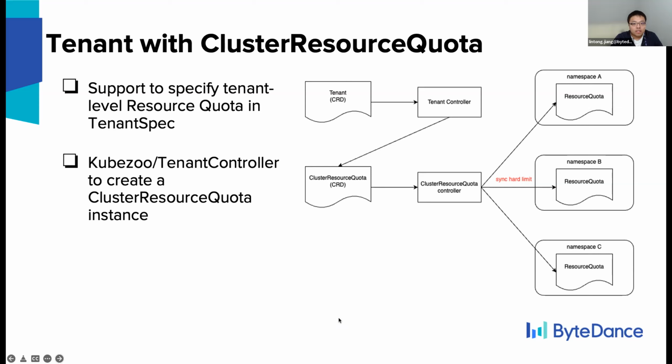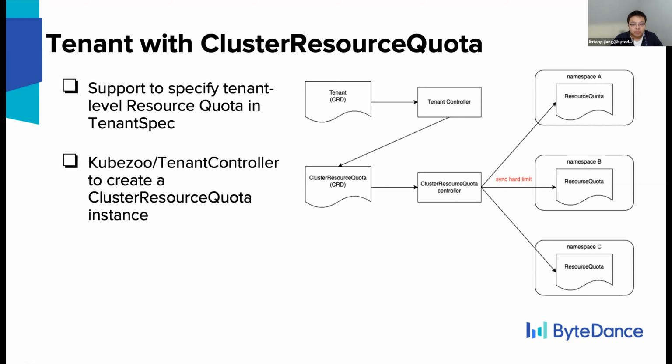Now let's take a look at how KubeZoo leverages this cluster resource quota feature. Inside the tenant spec, we add a new field for specifying the cluster resource quota. Whenever a tenant instance is created, the tenant controller will create a cluster resource quota instance in the KubeZoo API server, and the cluster resource quota controller will take over the rest.